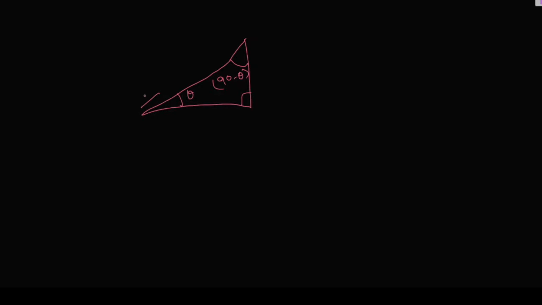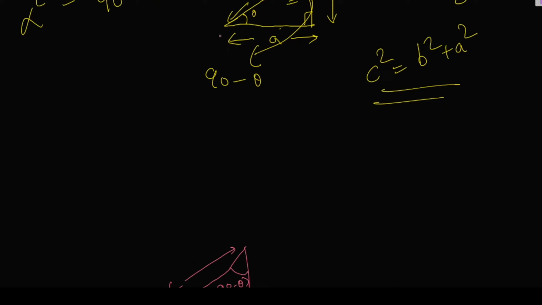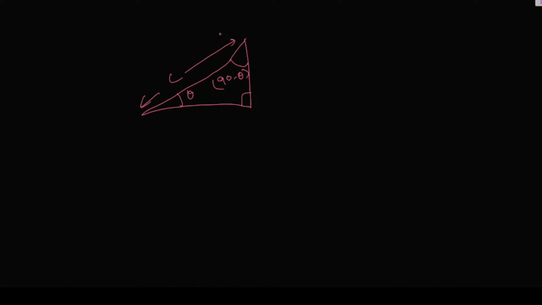Okay, I'll mention the names again: C, B and A. So we know sine theta is equal to B by C.